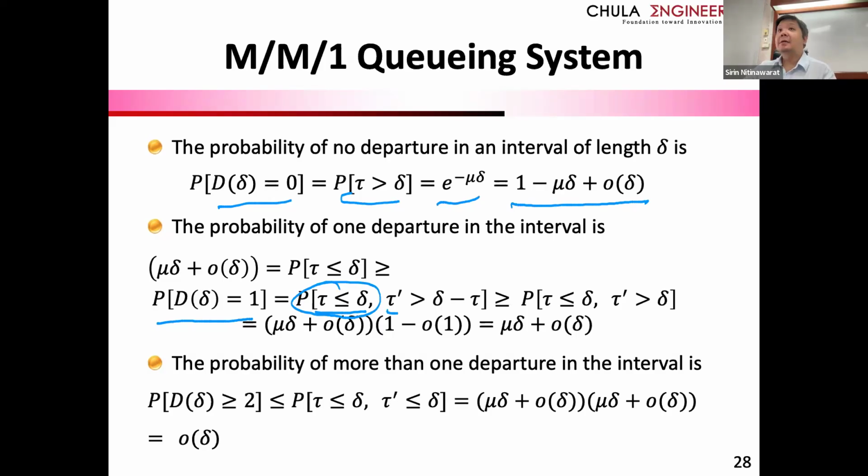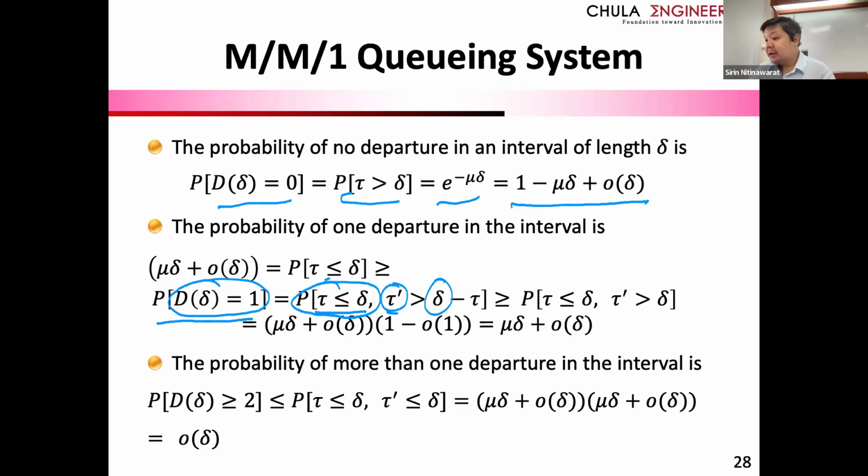And because there's only one, and not more than one, that means the subsequent service time, which is also exponentially distributed with parameter mu, has to go after the first one beyond delta. So you have this alternative representation of the event where D of delta is incremented by 1.